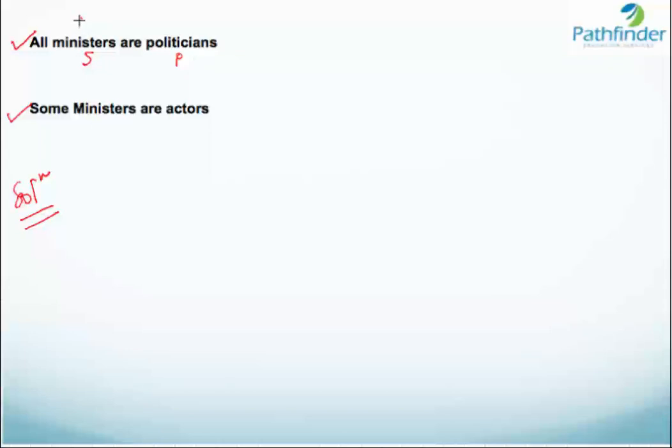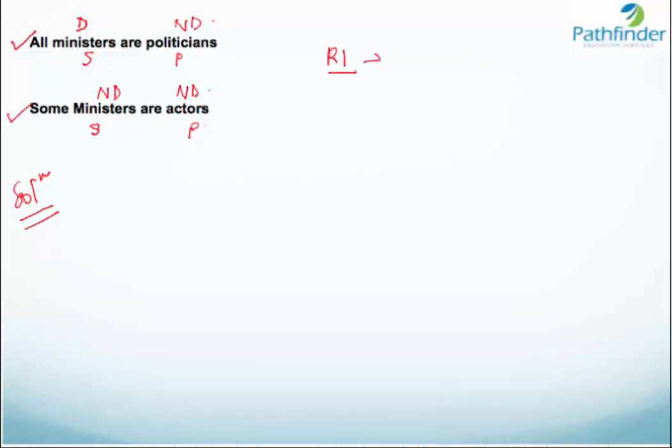So ministers must be distributed and politicians must not be distributed. This is a particular affirmative statement. Ministers as the subject and actors as the property. Both the terms ministers and actors are not distributed.